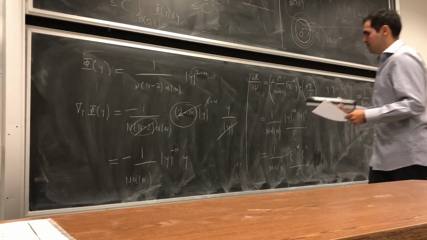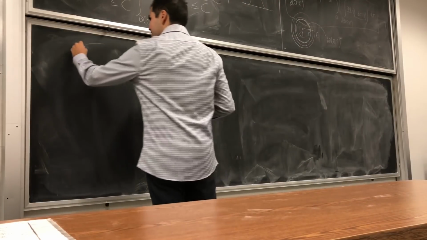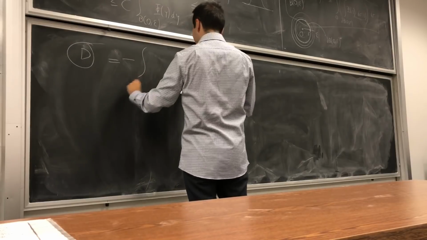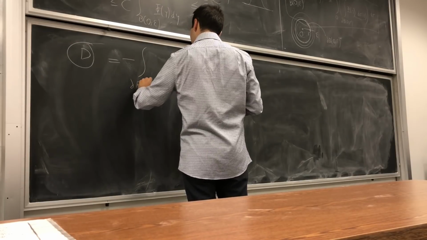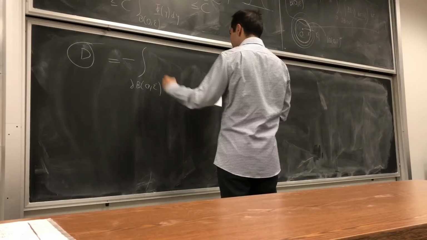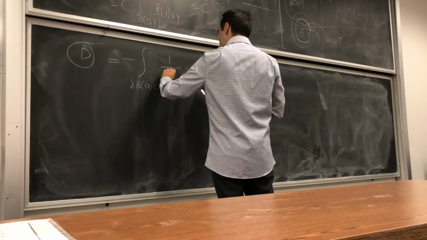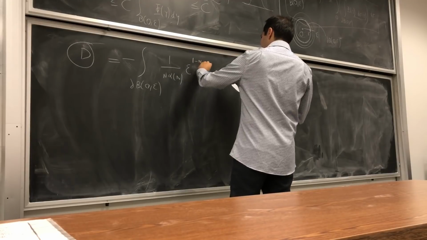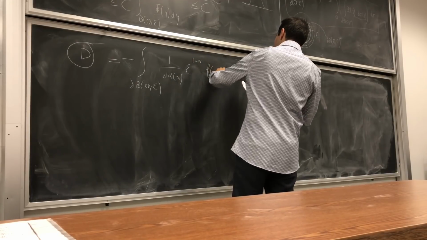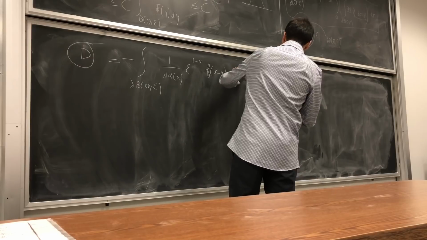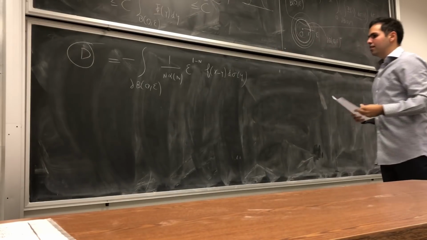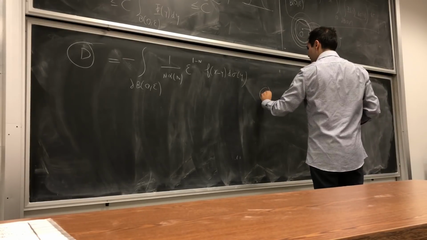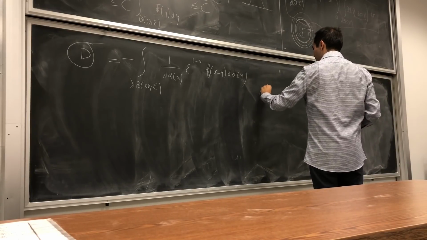So d becomes the following. Basically the grand finale. So d is minus the integral over the boundary of the ball, 1 over n alpha n, epsilon to the 1 minus n, f of x minus y d sigma y. Okay. And now y lies on the surface of this ball.